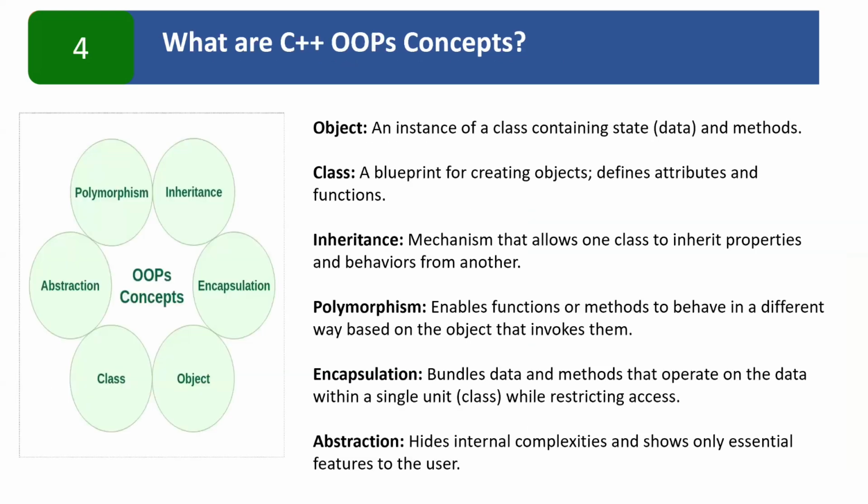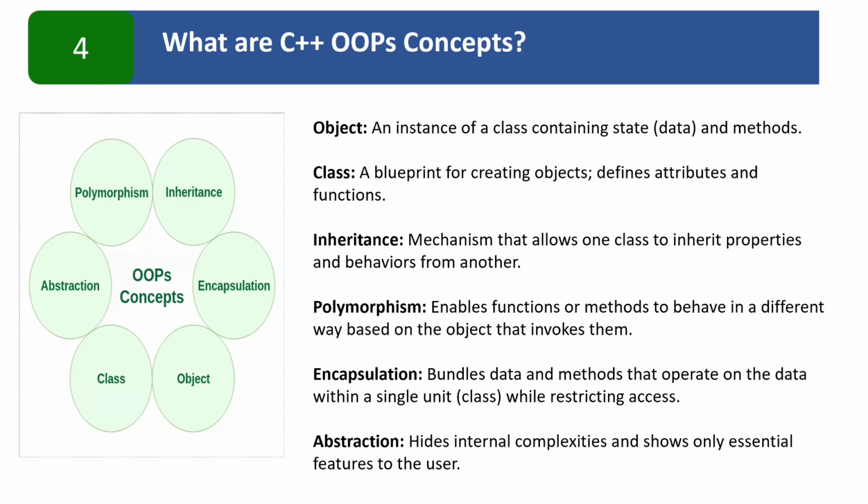Question number 4. What are C++ OOP concepts? Object: an instance of a class containing data and methods. Class: a blueprint for creating objects, defines attributes and functions. Inheritance: a mechanism that allows one class to inherit properties and behaviors from another.